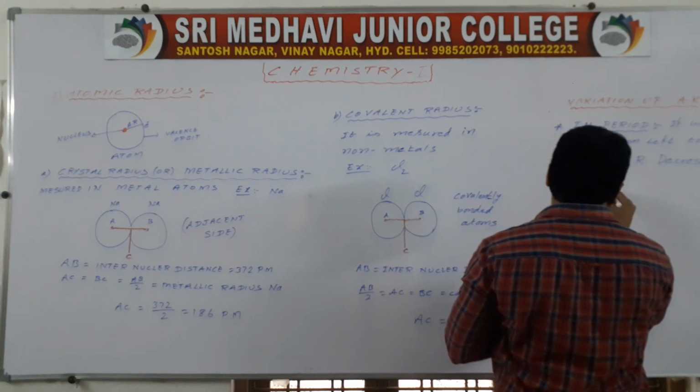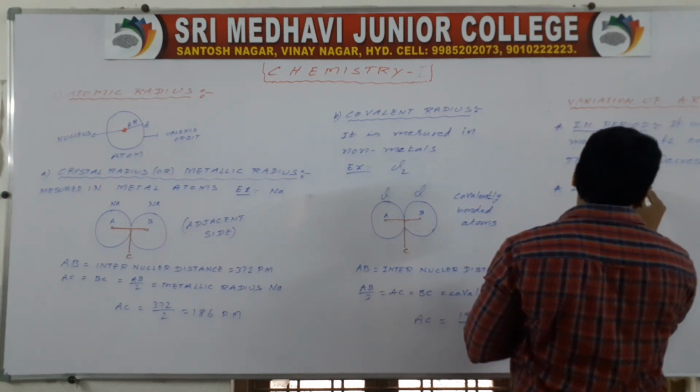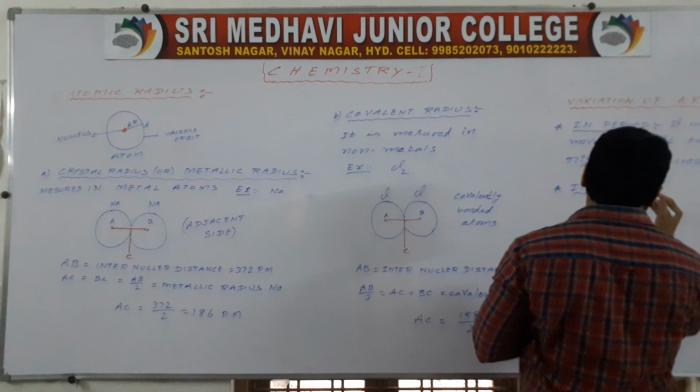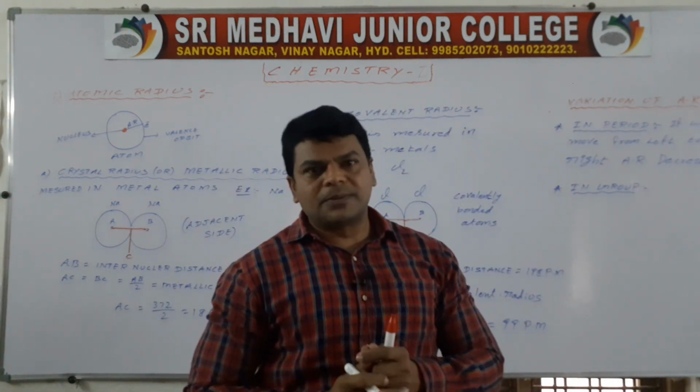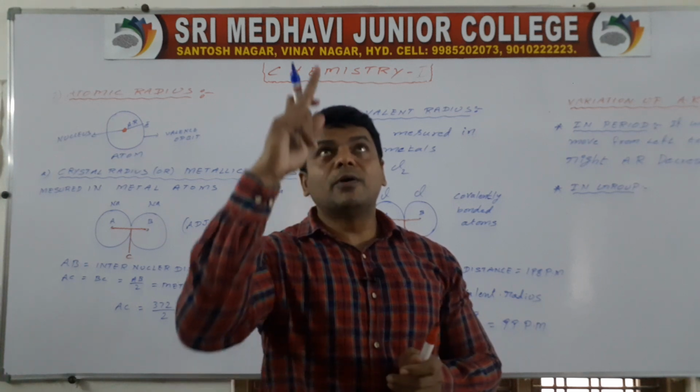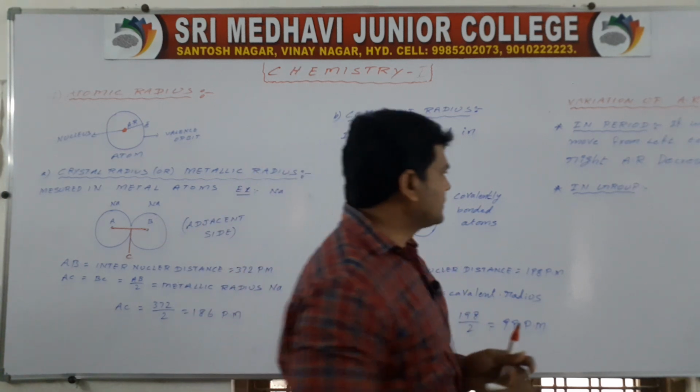Next, in a group. Vertical columns are called groups. In groups we move from top to bottom.